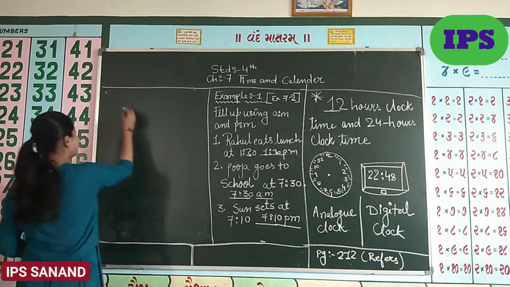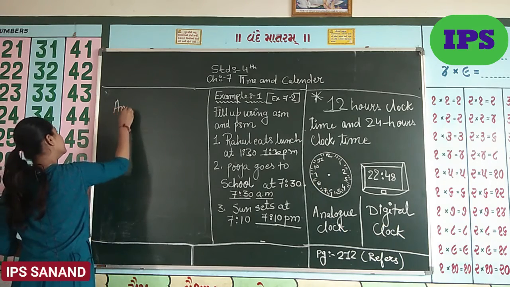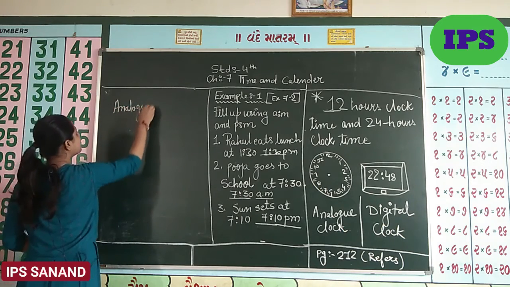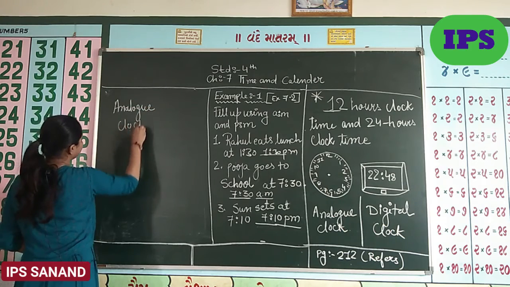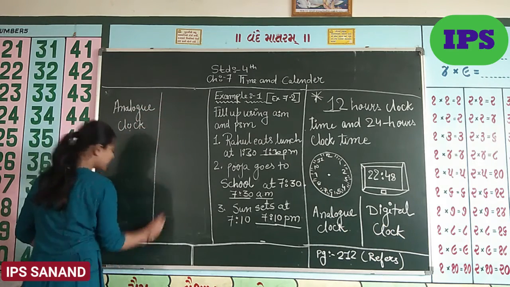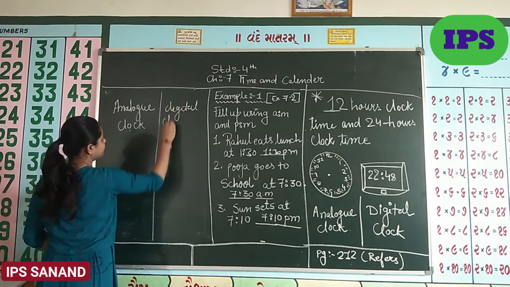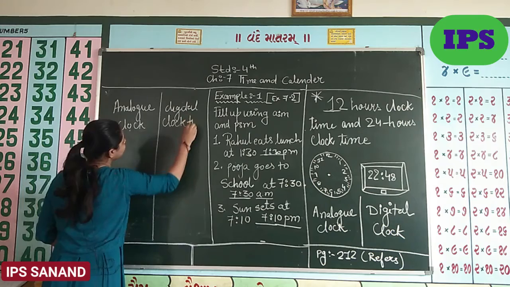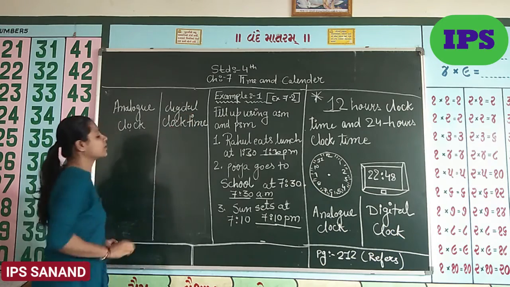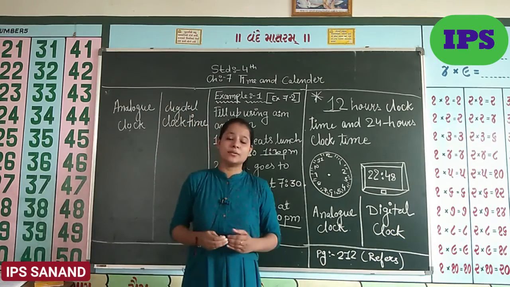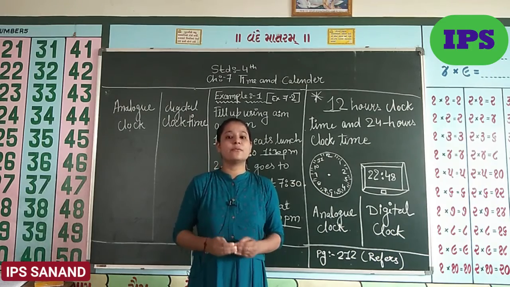So I will draw here analog clock time and digital clock time. So as you all know now, AM starts at 12 midnight.